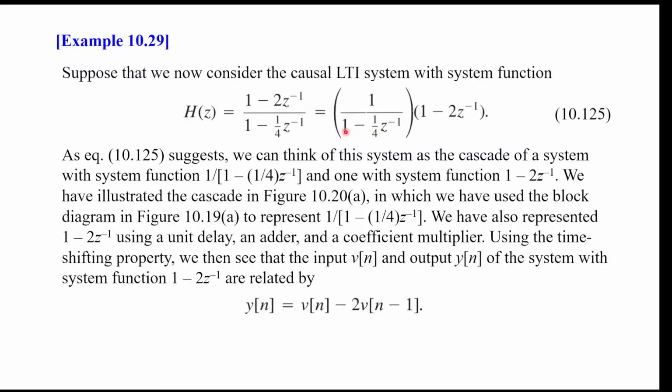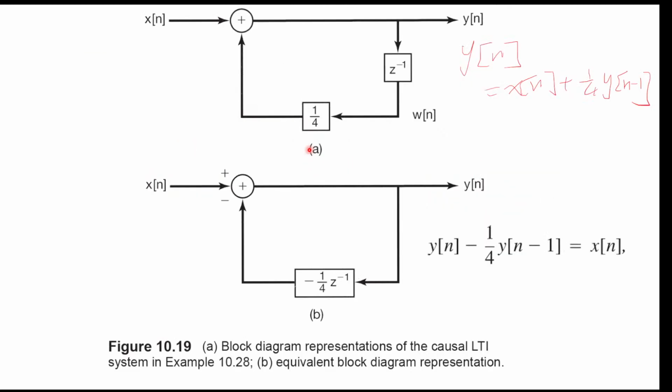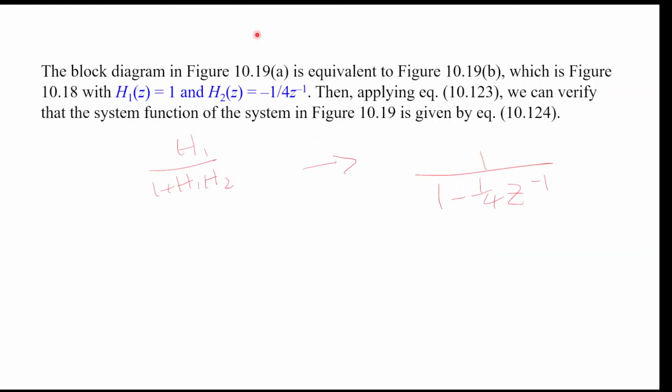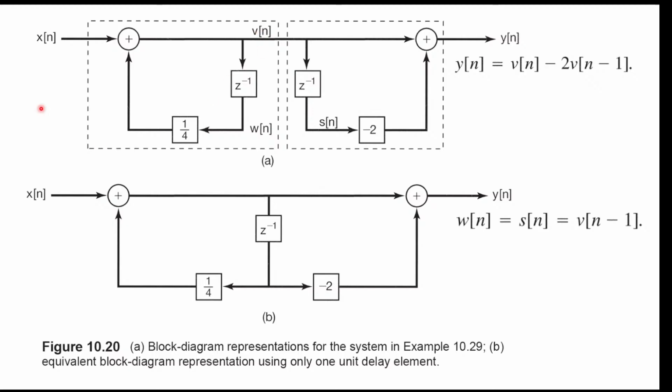We deal with the denominator part first, 1 over 1 minus 1 over 4 z minus 1, then multiply with the numerator 1 minus 2 z minus 1. The first part is exactly the same as this thing, so we put this part first here, and x of n going through this becomes v of n.